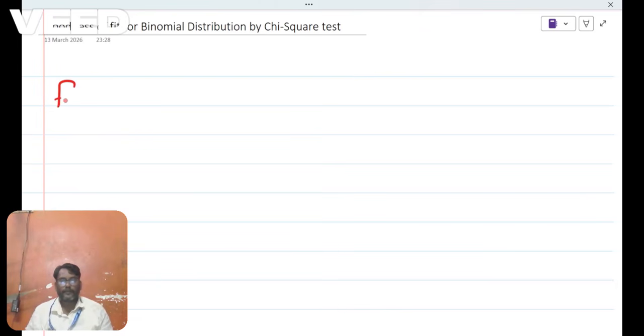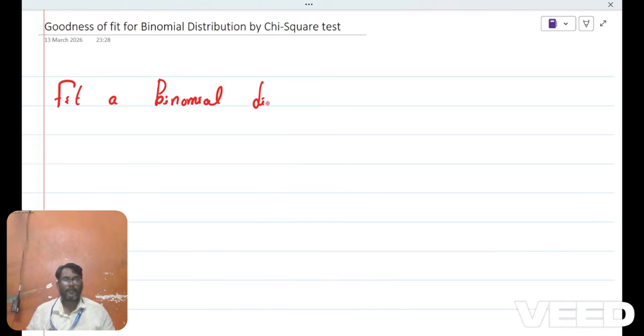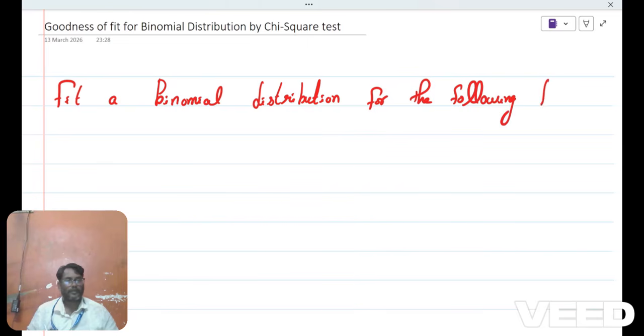Fit a binomial distribution for the following data and test the goodness of fit.